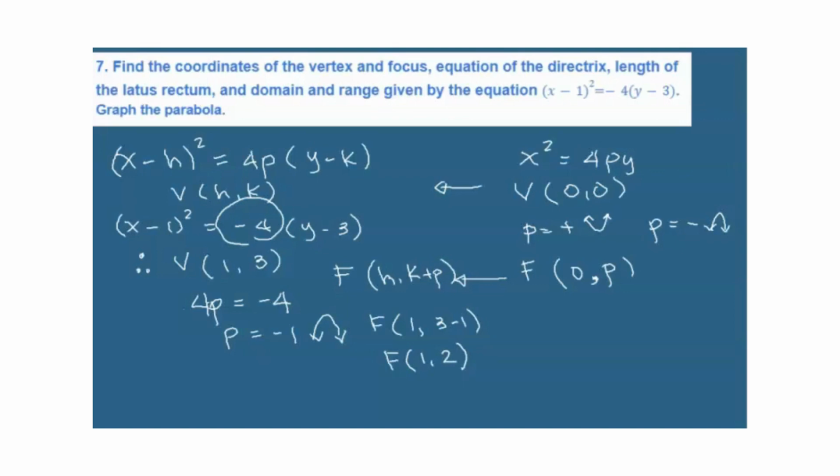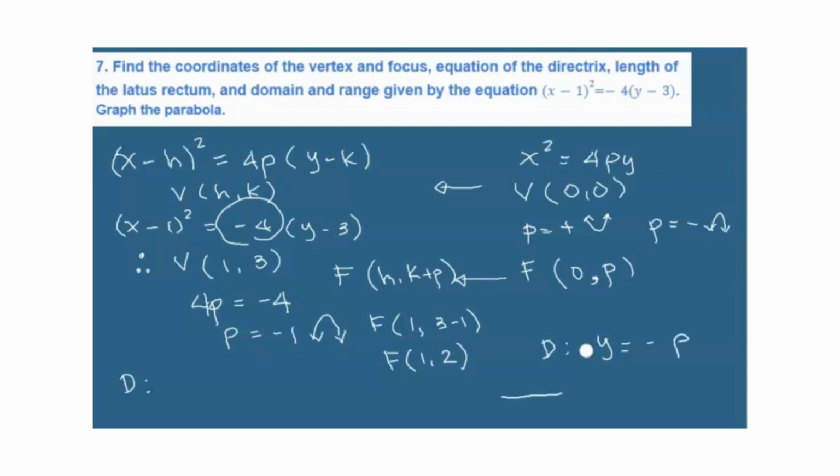Also, we can find the equation of the directrix. If the vertex is at the origin, the directrix would be y equals negative p.